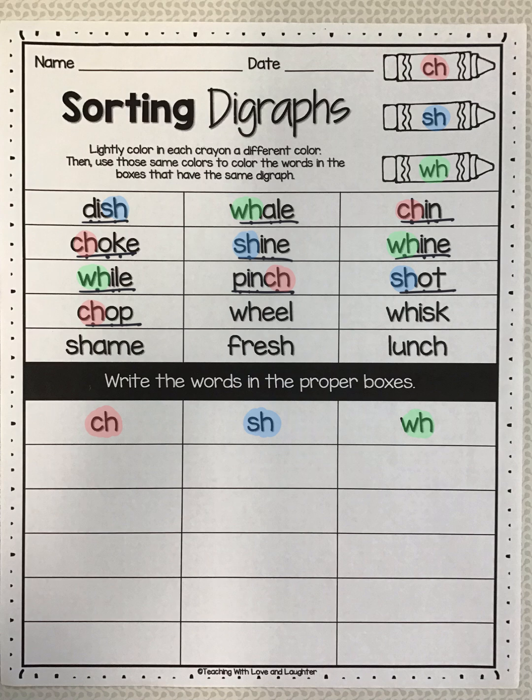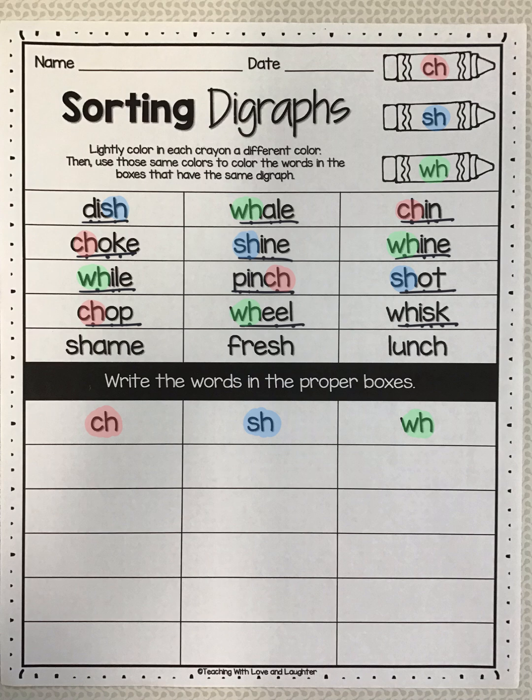Next word is wheel. W-eel. Wheel. What digraph do you see in wheel? That's right, WH says w. Next word is whisk. W-i-s-k. Whisk.